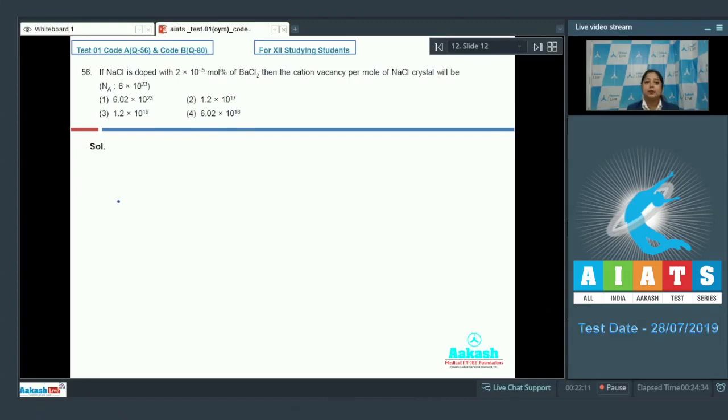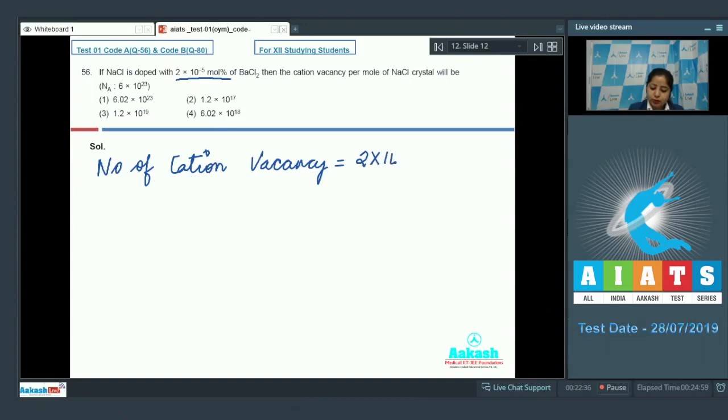First of all, we are discussing cationic vacancies. Therefore, we should know that the number of cationic vacancies will be equal to the number of Ba2+ added in the system. So, we can calculate the number of cationic vacancies, which will be equal to the amount of BaCl2, 2 × 10^-5 mole percent.